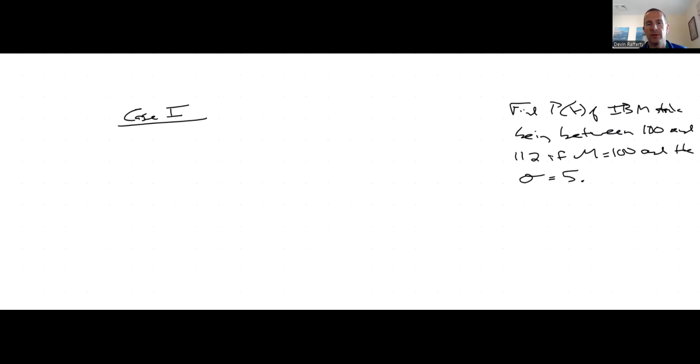So in other words, I want to find the probability that IBM stock will finish the day between 100 and $112 if the average of it is 100 and the standard deviation is 5. As we'll see, this is kind of simple.